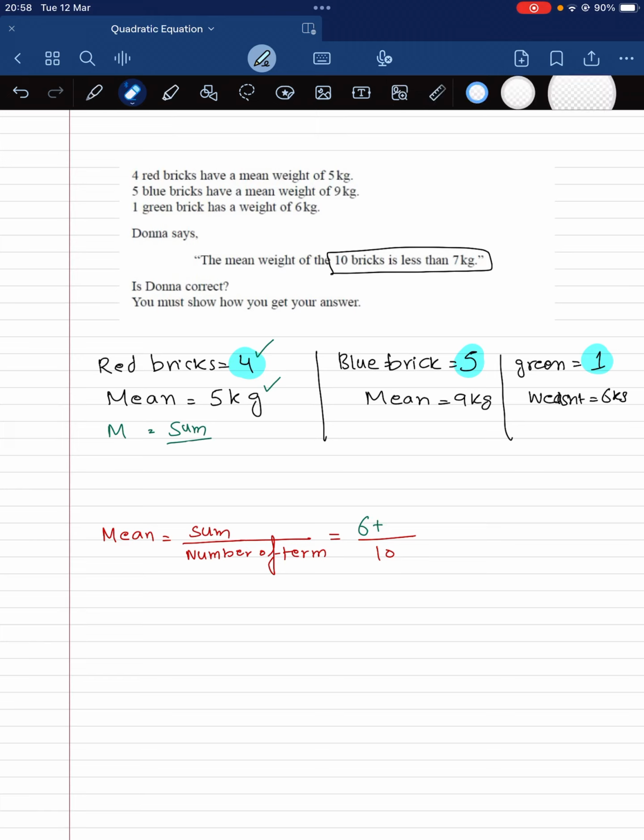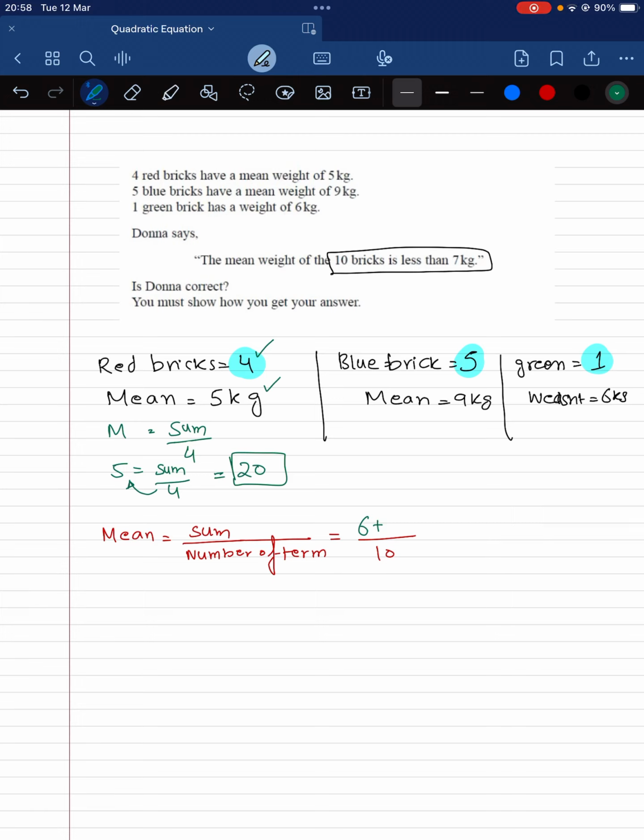So mean is 5 and we need to find the sum, and the number of terms is 4, so 4 will multiply on this side, so sum is equal to 20. So it means that the total weight of the red bricks is 20 kg.